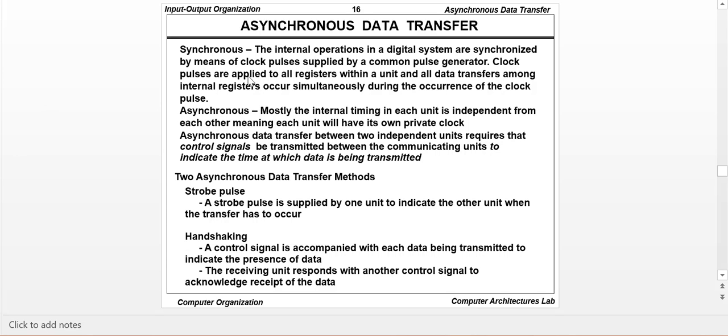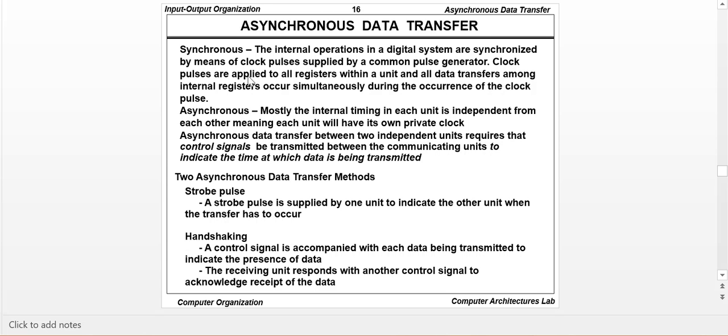Whereas now we are talking about data transfer between two units. One unit is your CPU and the other unit is your I/O or your memory. Each unit will have internal timing on its own, independent internal timing, which means it might have its own private clock. But data has to be transferred between these two independent units.